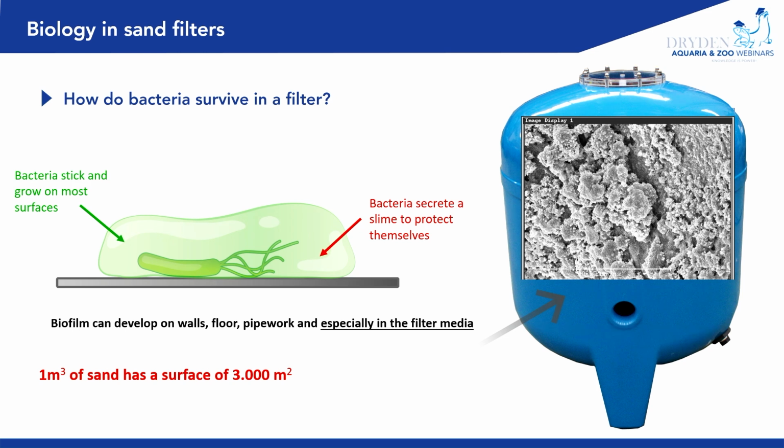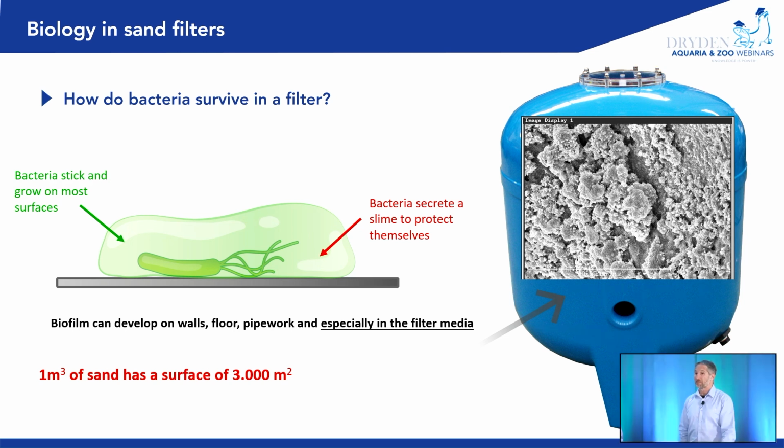You can see in a very short space of time, each grain of sand is fouled by bacteria, or settled by bacteria, and then producing the slime to protect themselves from any chemical attack.